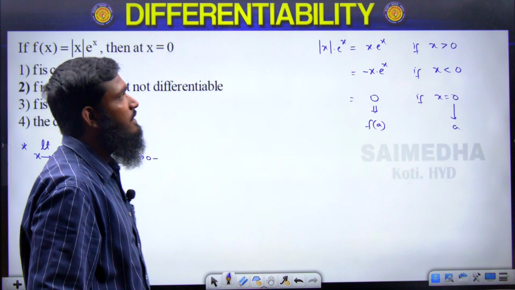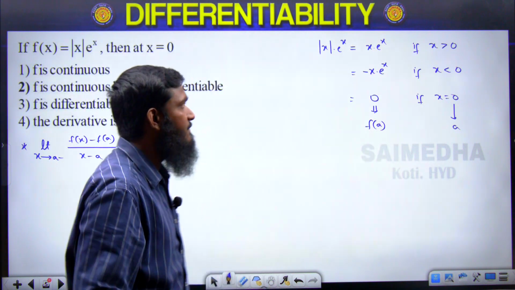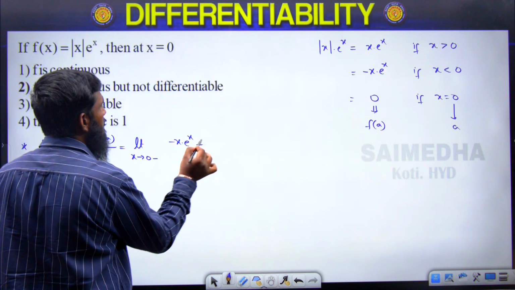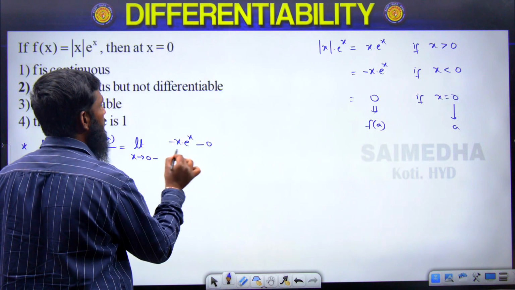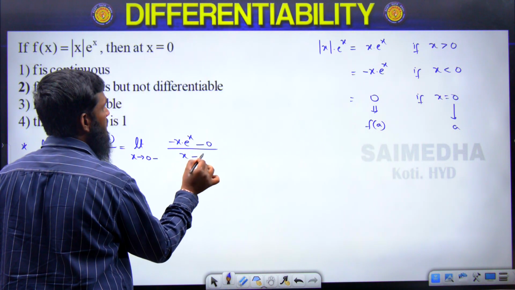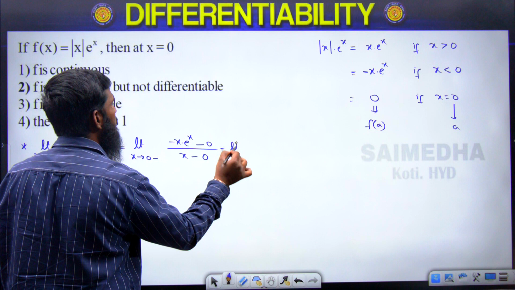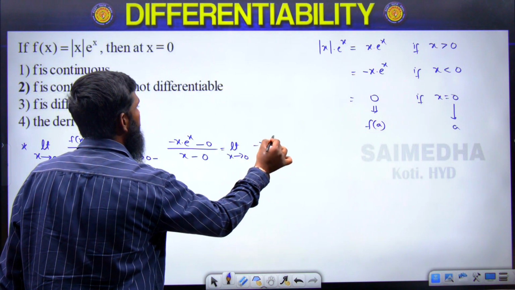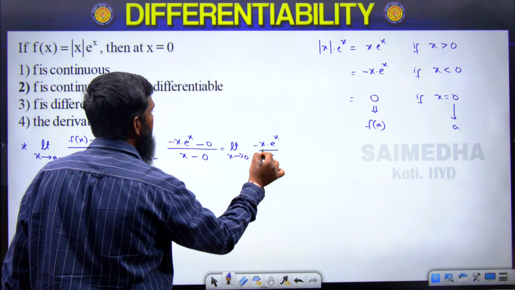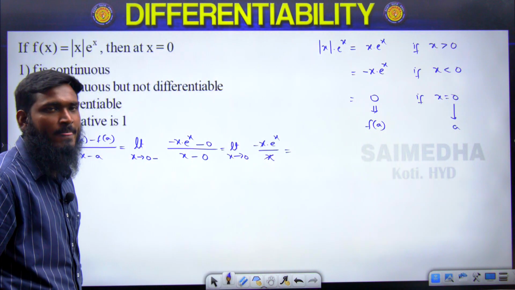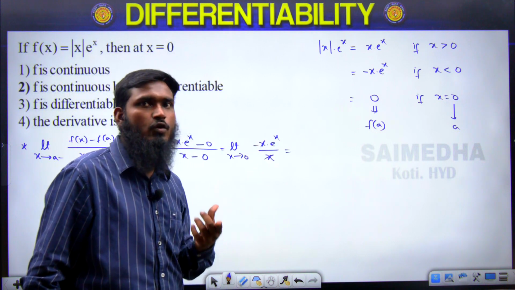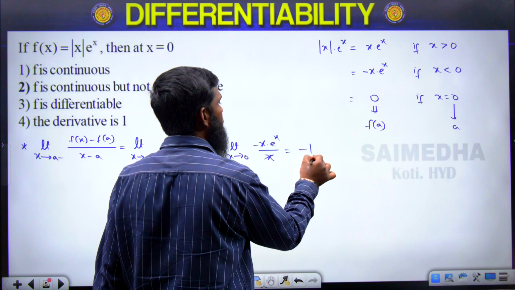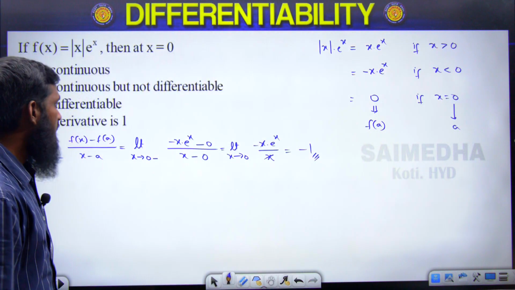For 0 minus, f of x is minus x into e power x, minus f of a value 0, divided by x minus a value 0, which is equal to limit x tends to 0 of minus x into e power x divided by x. x gets cancelled. Now if we substitute the x value as 0, e power 0 will become 1, with the minus, so we are getting the answer as minus 1. So this one value we have completed.